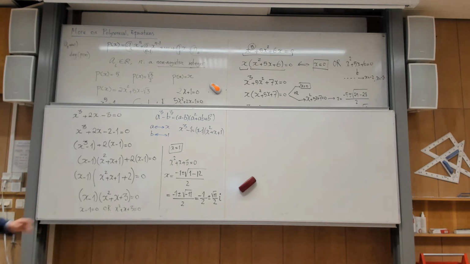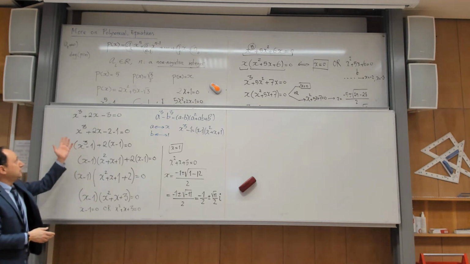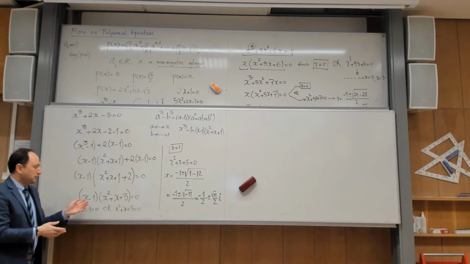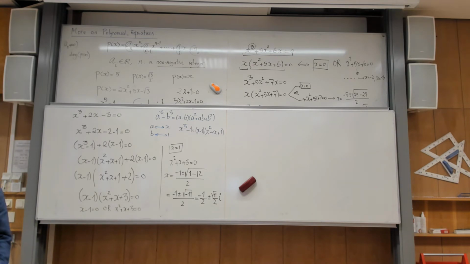Of course, if I have higher degree polynomials, for example, a polynomial of degree 7, if I factorize it, I might get two polynomials of degree 3 and one polynomial with degree 1. Then, of course, the problem is still hard because the third degree polynomials are hard to solve. But at least, I hope that you agree with me that this third degree polynomial equation is probably simpler than the seventh degree polynomial equation. So it means that at least we can simplify our problem. Yes? Okay.